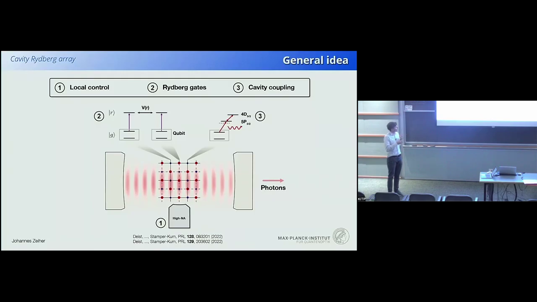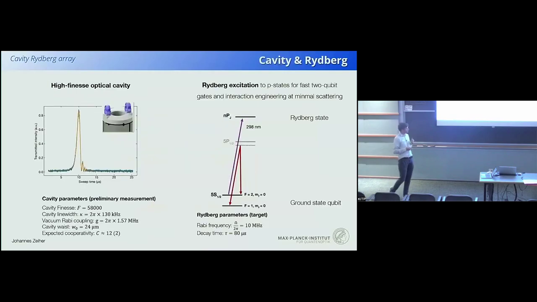There are various ways in which you can get local control in the cavity. One is by coupling to higher excited states, or one could also put the surface code next to the cavity and then move in individual atoms. So this is ongoing. It's an experiment that is being developed right now. I just want to give you a brief update on what's going on.